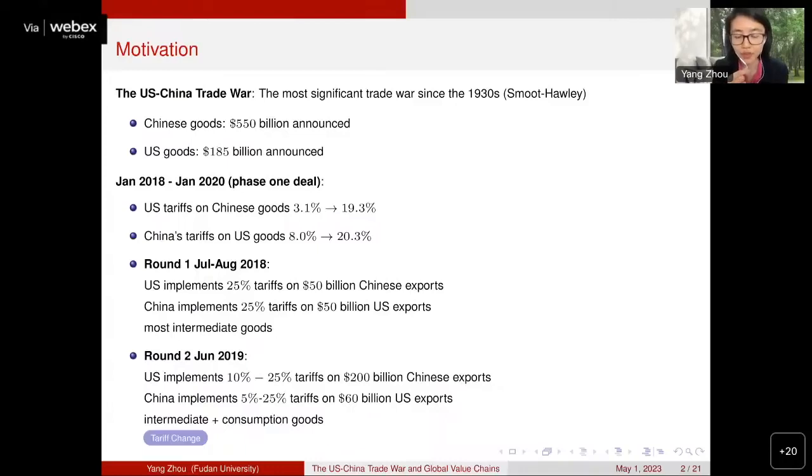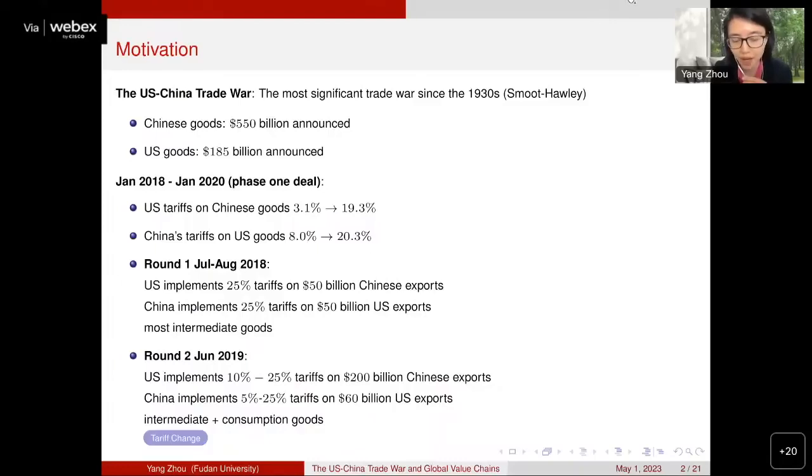The trade war is still an ongoing process, but in this project, I'm going to focus on the period from January 2018 to January 2020, when the phase 1 deal was established. In that period, the weighted average of US tariffs on Chinese goods increased from 3.1% to 19.3%.